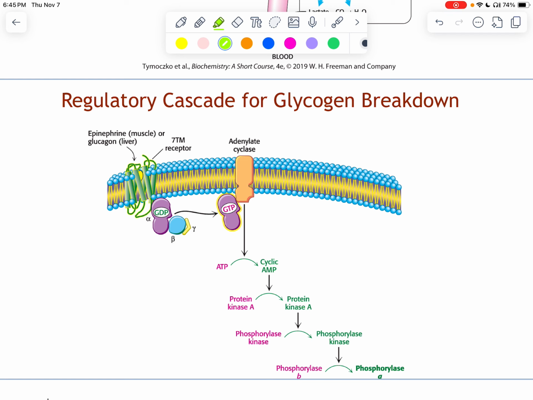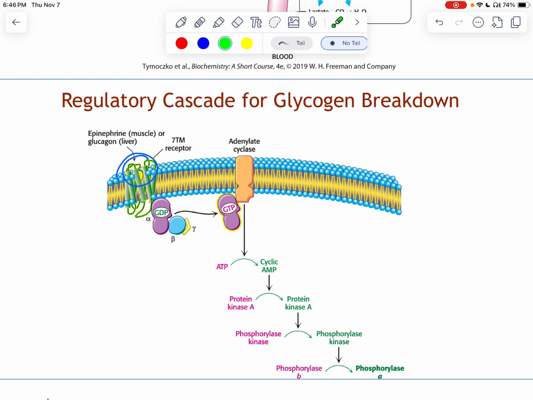So we've looked at this before, right? You've seen this picture, although we've added slightly to it. Right here in that 7-TM receptor, that epinephrine or the glucagon will come in. And remember, it's going to change these conformations, which then makes a change here, and we see this break apart.